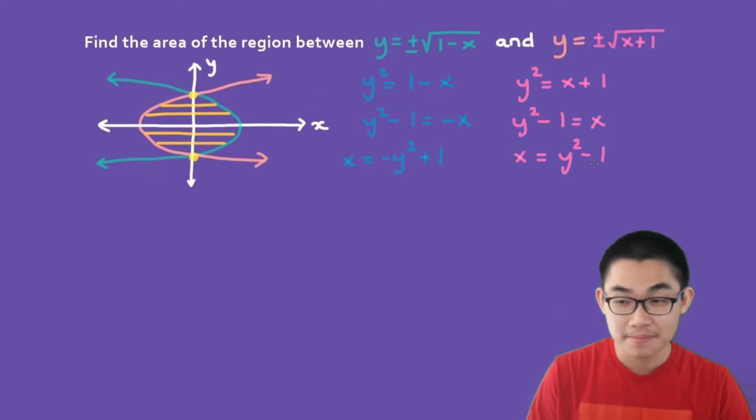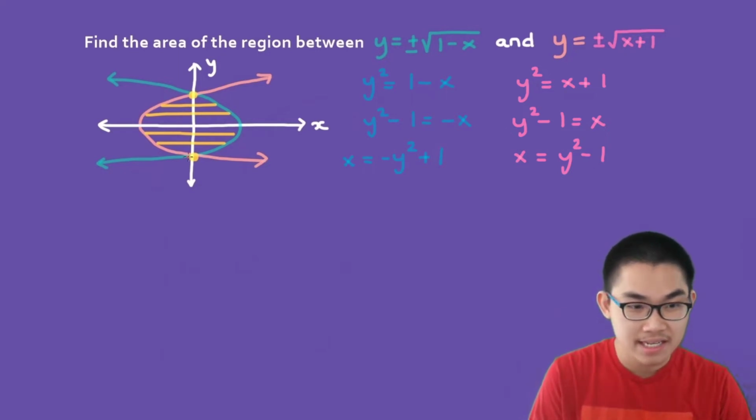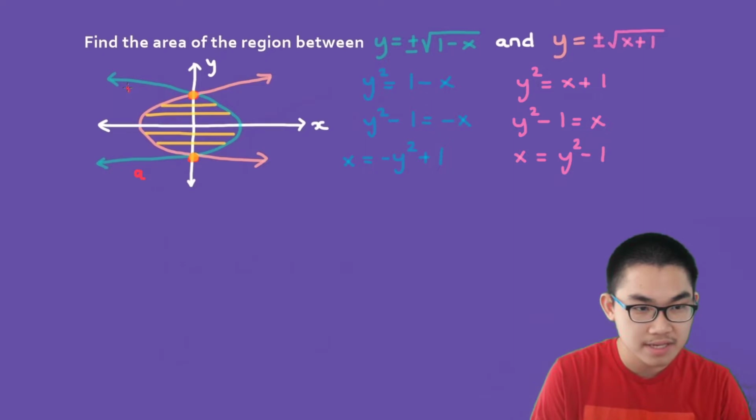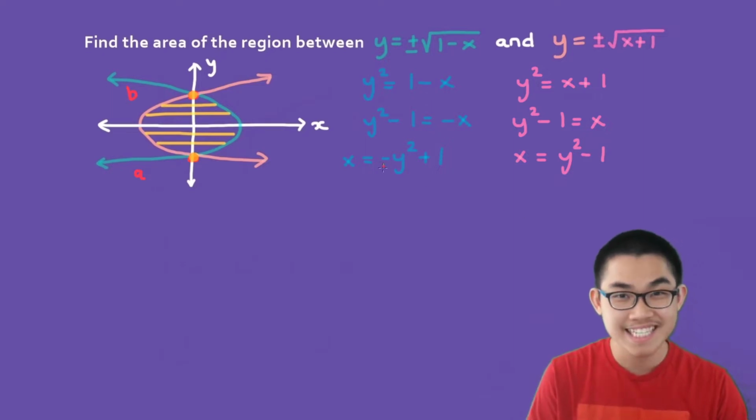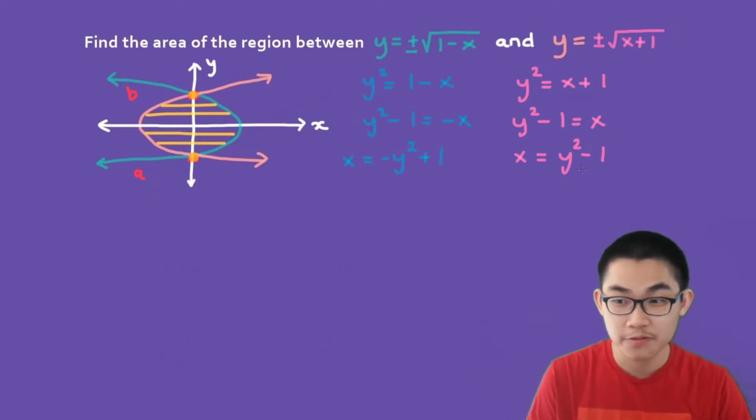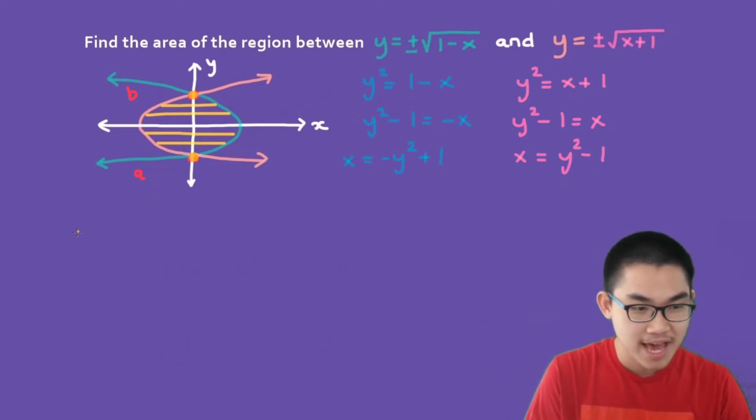Now, the next step is we need to find a and b. That will be a, and this right there will be b. So since x is equal to negative y squared plus 1, and x is also equal to y squared minus 1, we can set them both equal to each other in order to find the intersection. We have negative y squared plus 1 is equal to y squared minus 1.